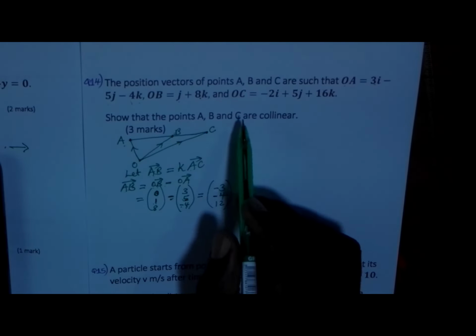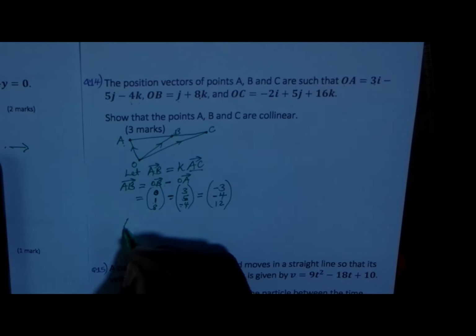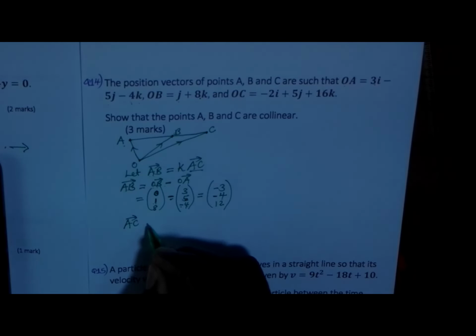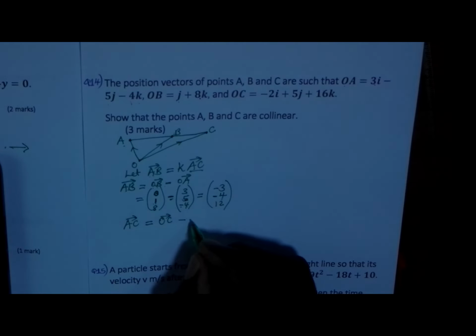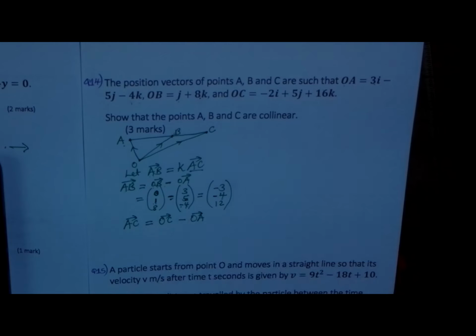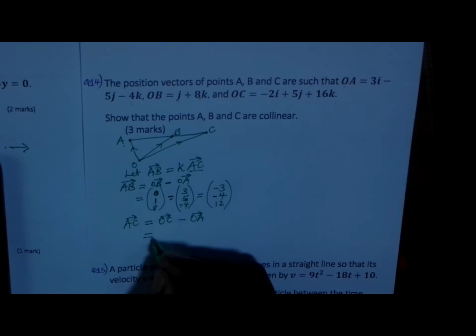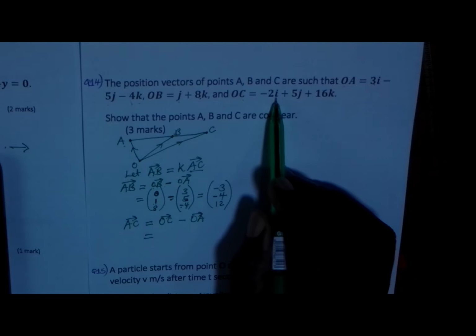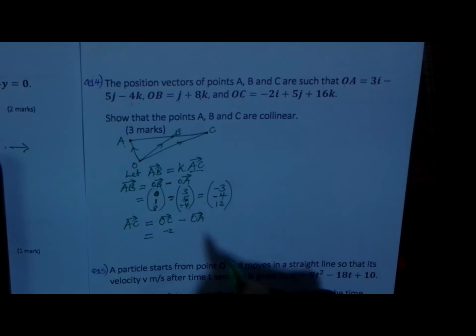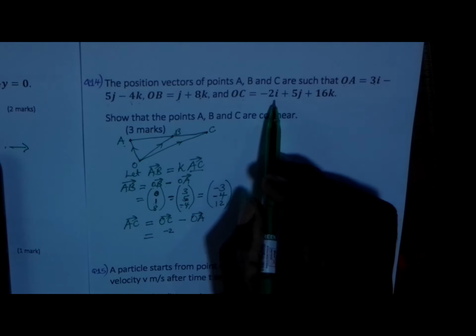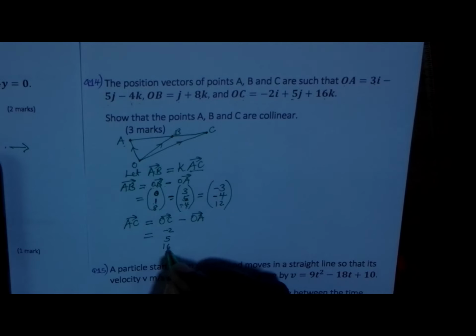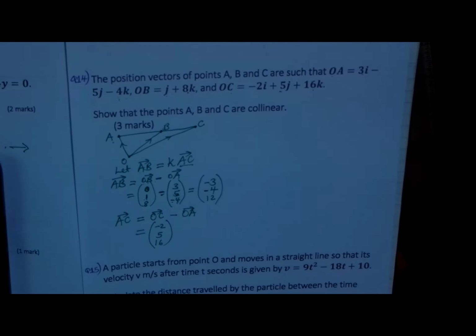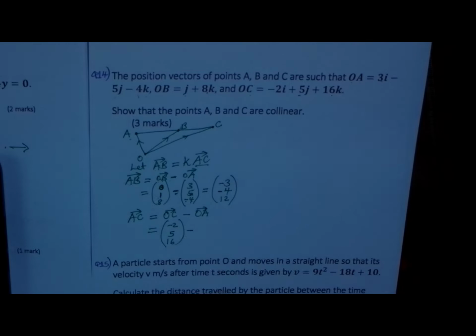Then the other one is AC vector. So the position vector of C, OC, minus the position vector of A, OA. For OC, the coefficient of i is minus 2, since these are three-dimensional vectors, then you have 5, then 16. Then minus OA.